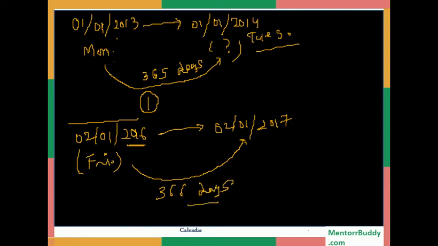So there's an extension of 2 days, implying the calendar will be shifted 2 days ahead. So if it is Friday at this date, it will be Sunday on this date.